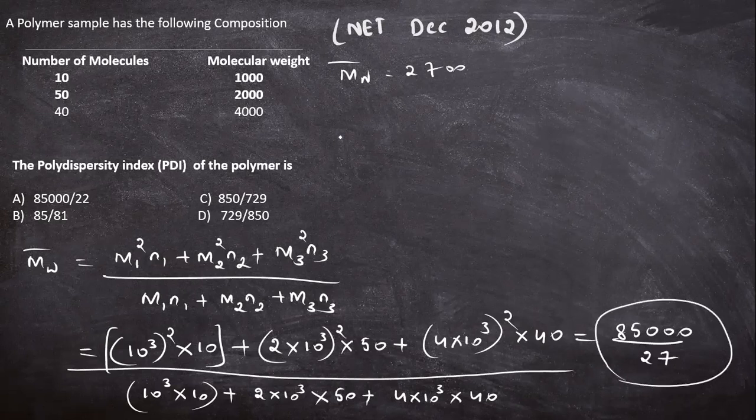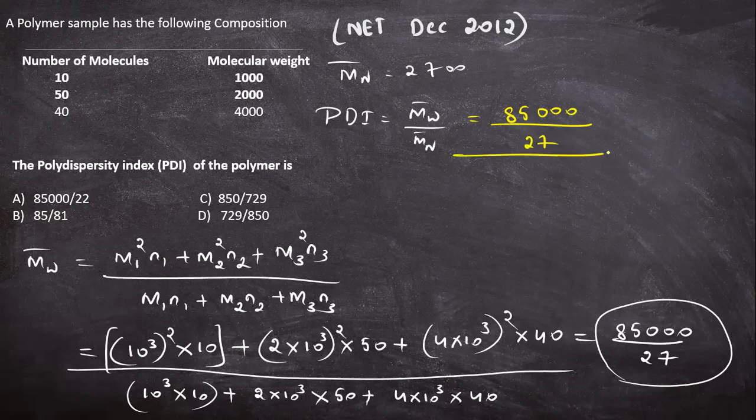We know that PDI is equal to Mw divided by Mn, right? So Mw is 85000 divided by 27, whole divided by 2700.